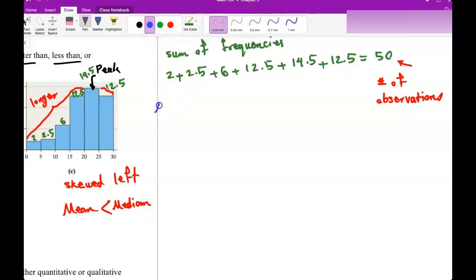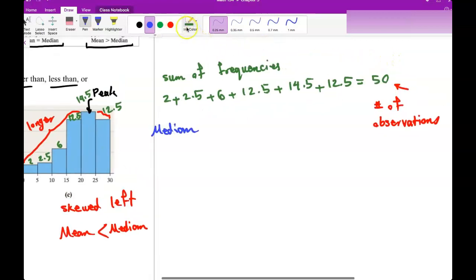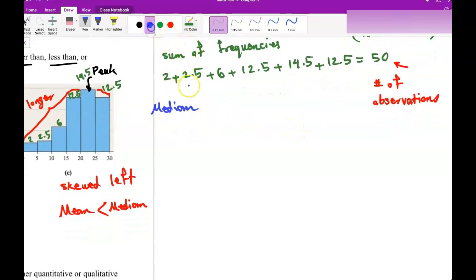Now finding the median. The number of observations, n, is equal to 50, and that is even. So to find the median position, where that is located, it's n divided by 2.